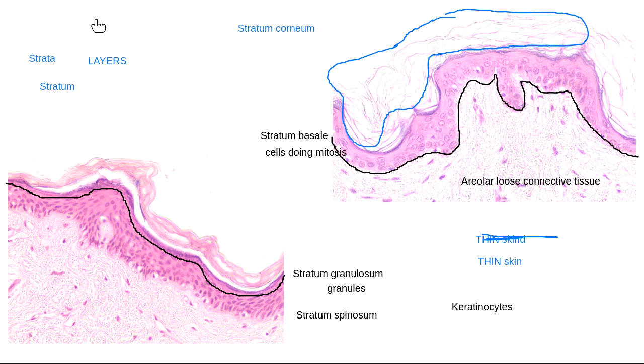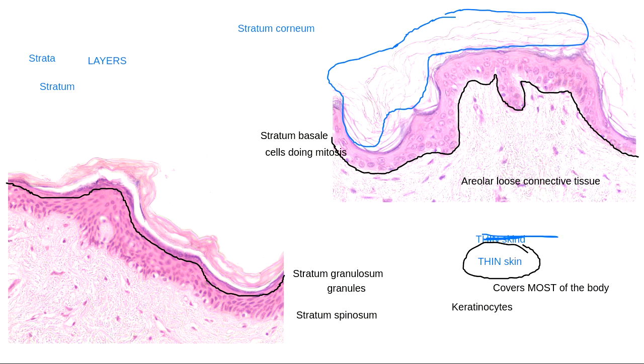Okay, what we were looking at just now, we looked at two pictures of thin skin. Thin skin, I'll put a note for us, covers most of the body, but it doesn't cover all of the body.